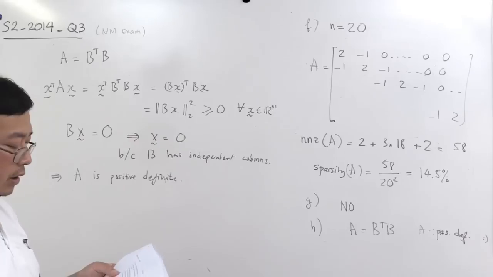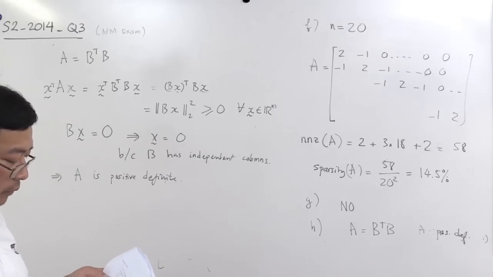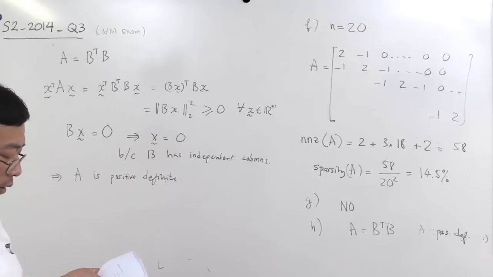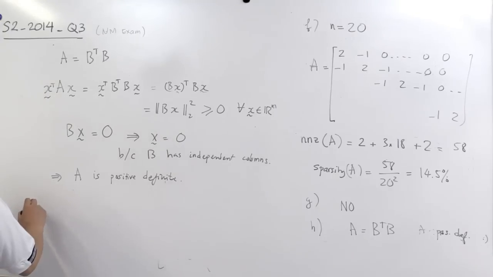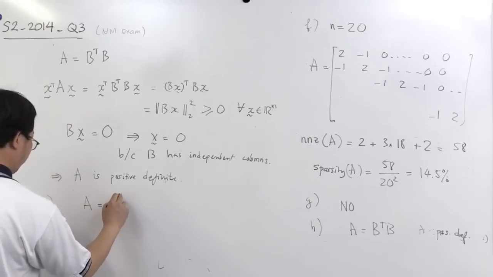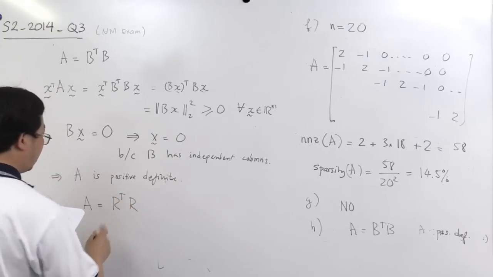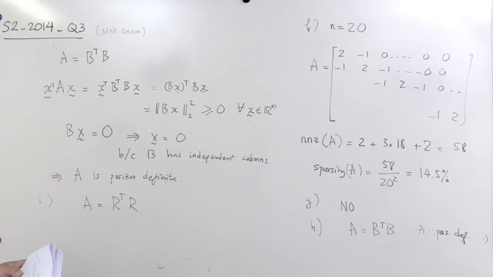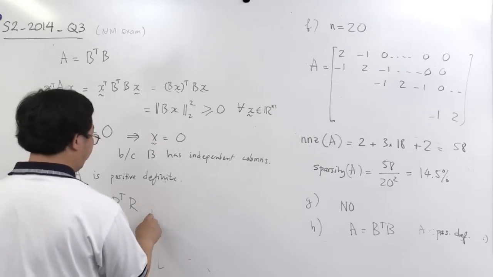And the last question is, well, not the last one, the second last: suppose that A has a Cholesky factorization, A is R transpose R. Then how do you solve Ax equal b?